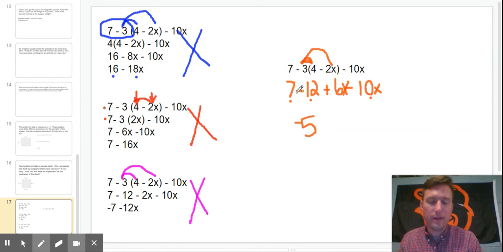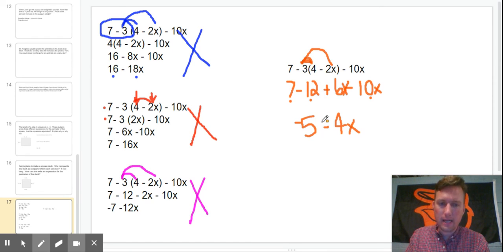And then I do the same thing over here. I have 6x minus 10x. So I find the difference between the two and take the sign of the bigger one, which would be negative. So it would be minus 4x. So the correct answer when we simplify this expression would be -5 minus 4x.